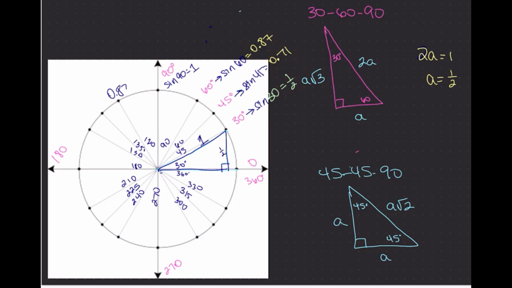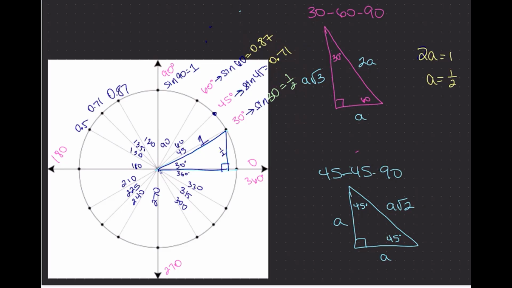Yep, 0.87, right? My 45 degrees, if I reflect that over the y-axis, I get that 135, and what do I get? 0.71. What's my 150 degrees going to give me? 1/2, or we'll just do it as 0.5 since we got all the other decimals, right?